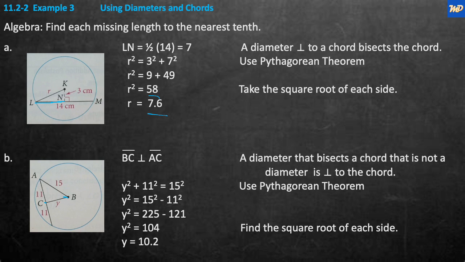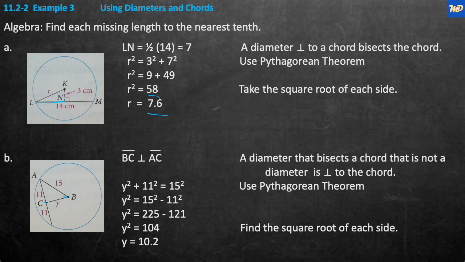Again, using the Pythagorean theorem, the hypotenuse is 15, which is equal to 11 squared plus y squared. So we have y squared plus 11 squared is equal to 15 squared. We have y squared is equal to 15 squared minus 11 squared, because we moved the 11 squared from the left side to the right side by subtracting 11 squared from each side.